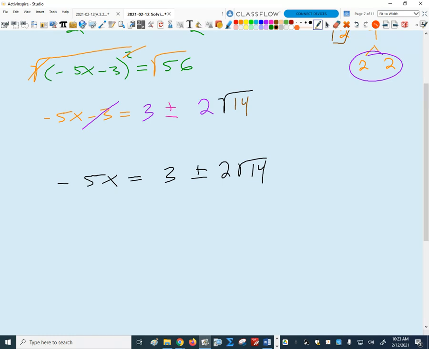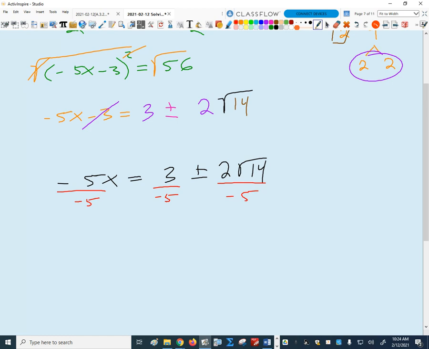So I'm going to divide everything by negative 5. Let's do 2 steps in one. Being as I'm dividing that whole thing by negative 5, couldn't I just split the 2 fractions and divide each one separately by negative 5? Does that make sense? Give me a thumbs up. Are we all good on that? Okay. So when I divide by negative 5, I'm dividing the first term by negative 5 and the second term by negative 5.